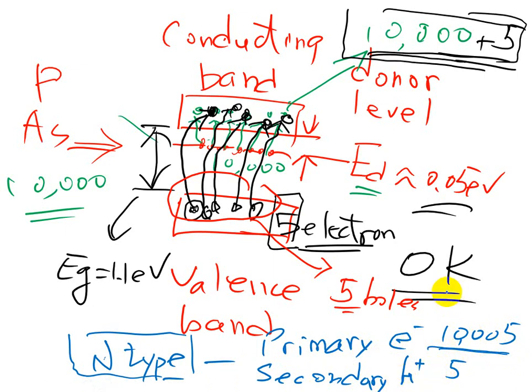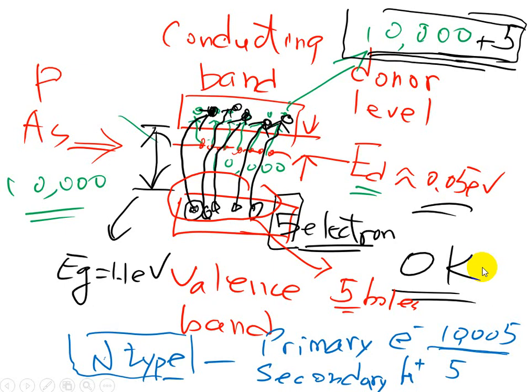So it is only a very minute number of secondary charge particles. Basically, you can neglect them. So remember this: the primary charge particle is the one contributing the major current, but the secondary charge particle also contributes to the current, though at a very negligible level.